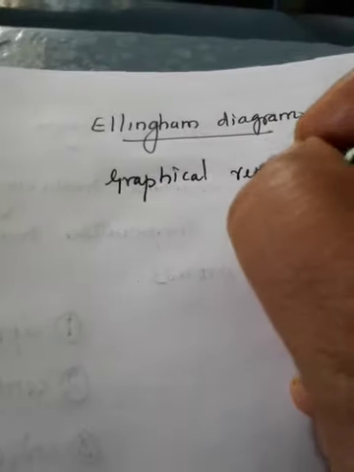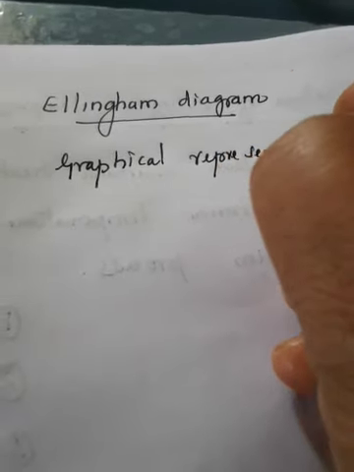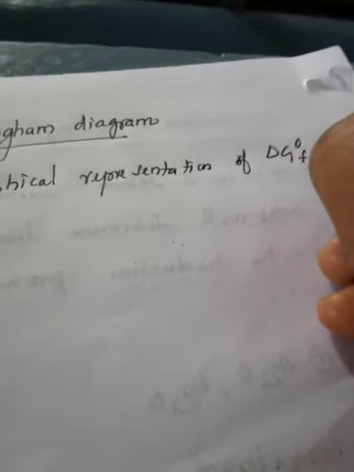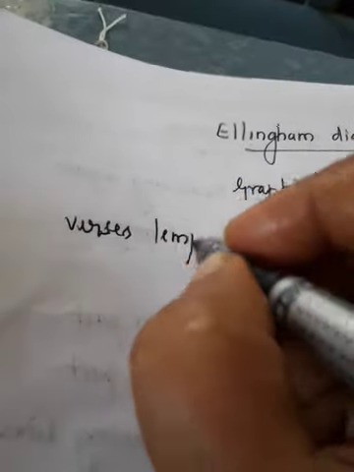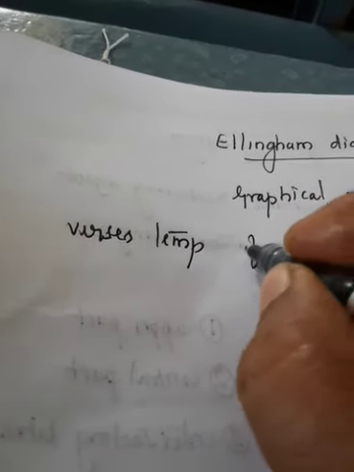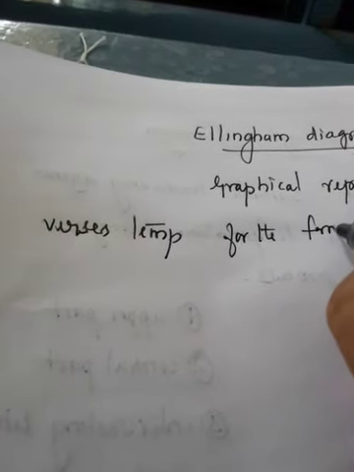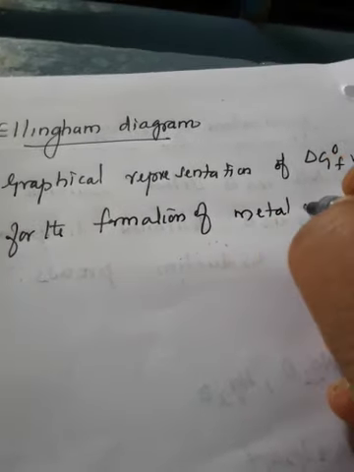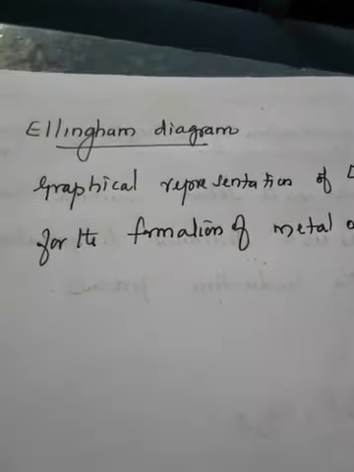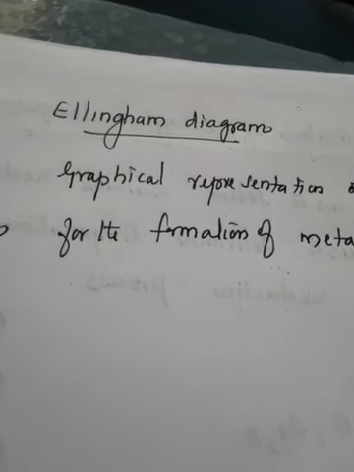So an Ellingham diagram is a graphical representation of delta G naught f, the formation values, versus temperature for the formation of a metal oxide.